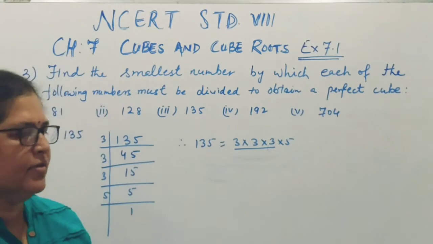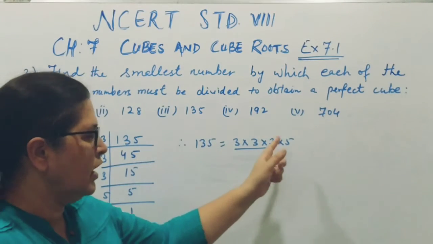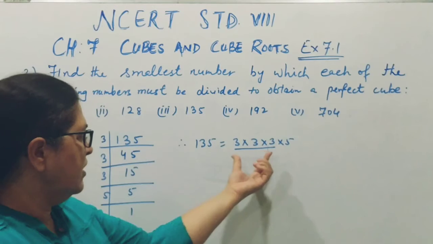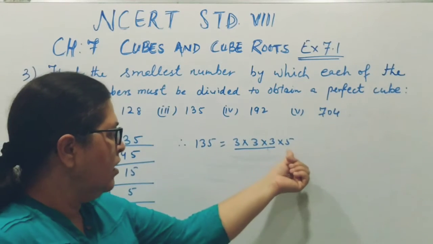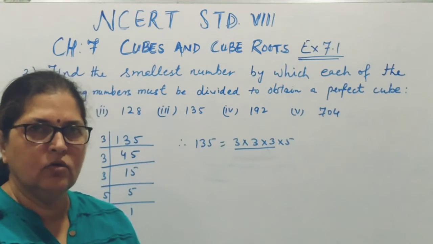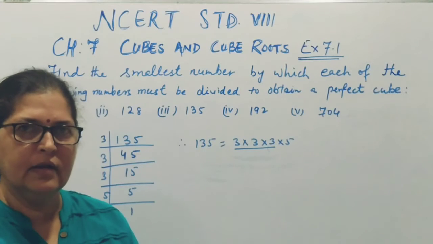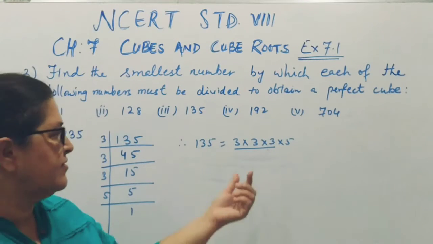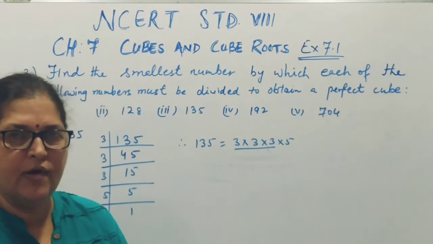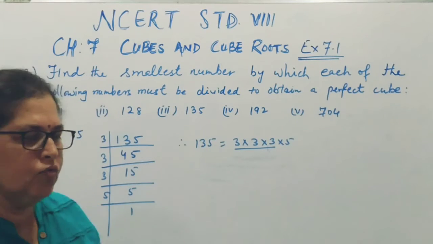Therefore 135 is equal to 3 into 3 into 3 into 5. So this triplet is complete. This 5 is not forming a triplet. This is left alone. Hence we must divide 135 by 5 to get a perfect cube number.